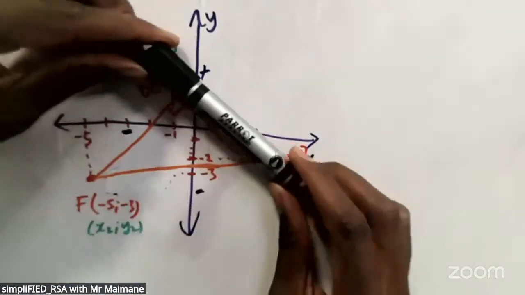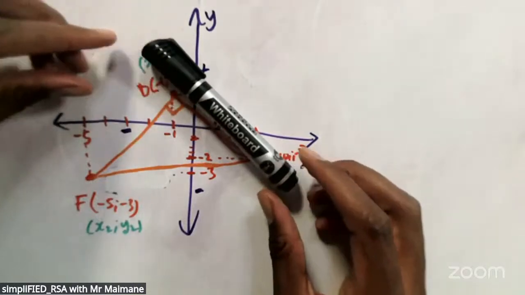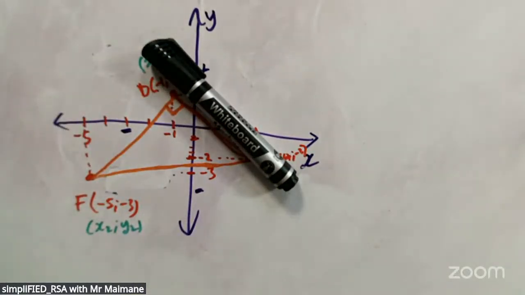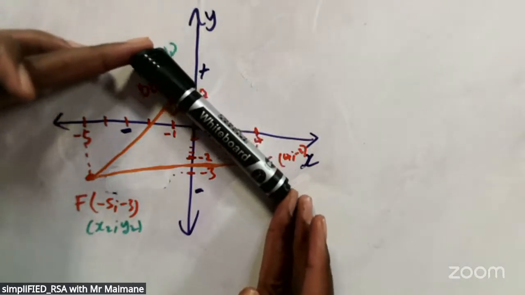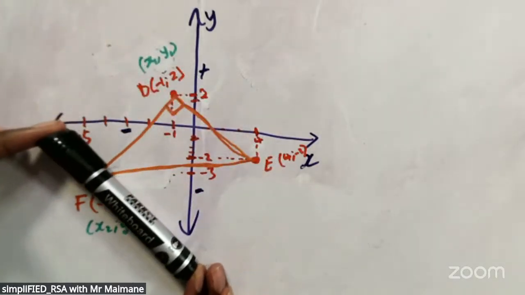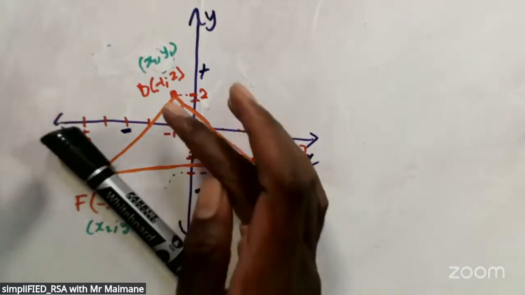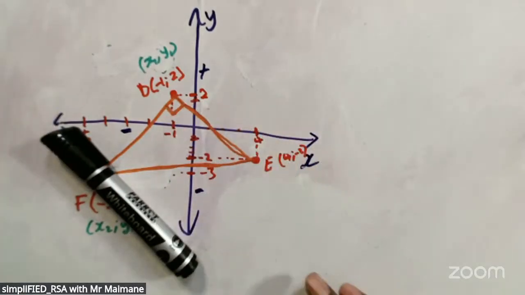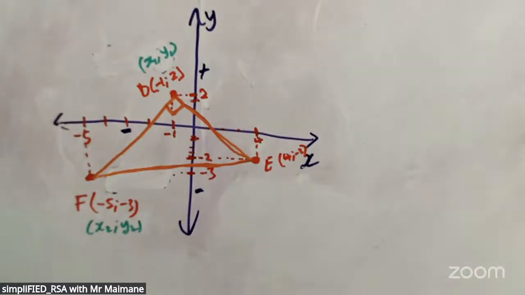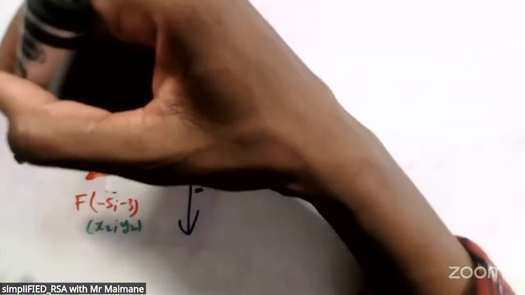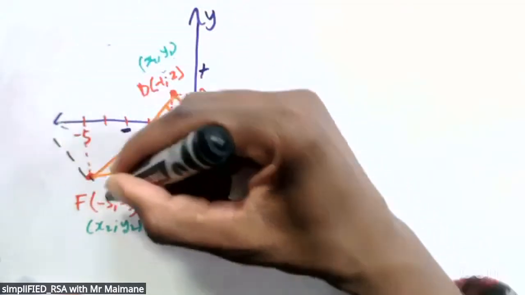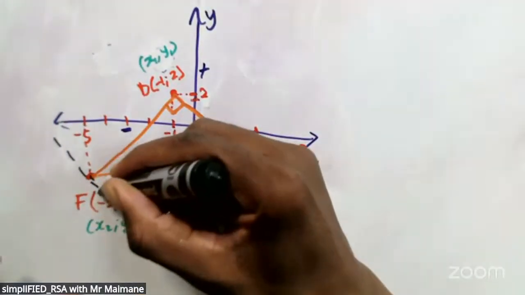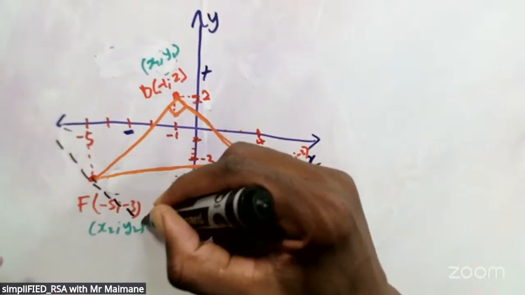If DE goes like that, we are looking for a line that is parallel to DE that passes through F. So this line we are looking for should be constructed here, parallel to DE, but it passes through F. So if I construct that line, it will look something like this. It's not going to be according to scale, obviously.